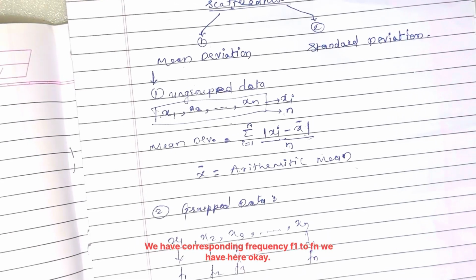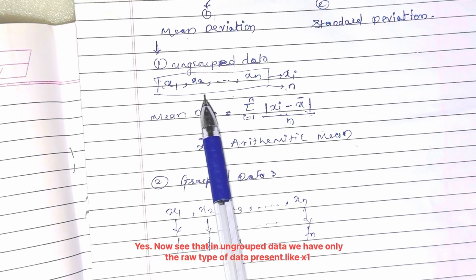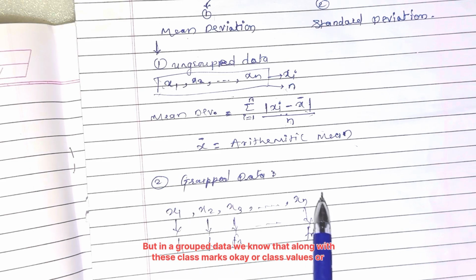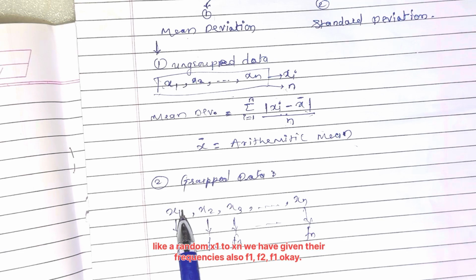In ungrouped data we have only raw data, like x1 to xn, some sort of data set. But in grouped data, along with these class marks or class values, x1 to xn, we are given their frequencies also, f1, f2, fn.